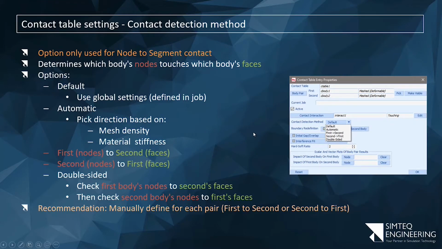So what would I recommend? Well, what I almost without exception do is I manually define these. So each body pair, I look at the mesh for the pair and decide for that pair, should it be first to second or second to first?